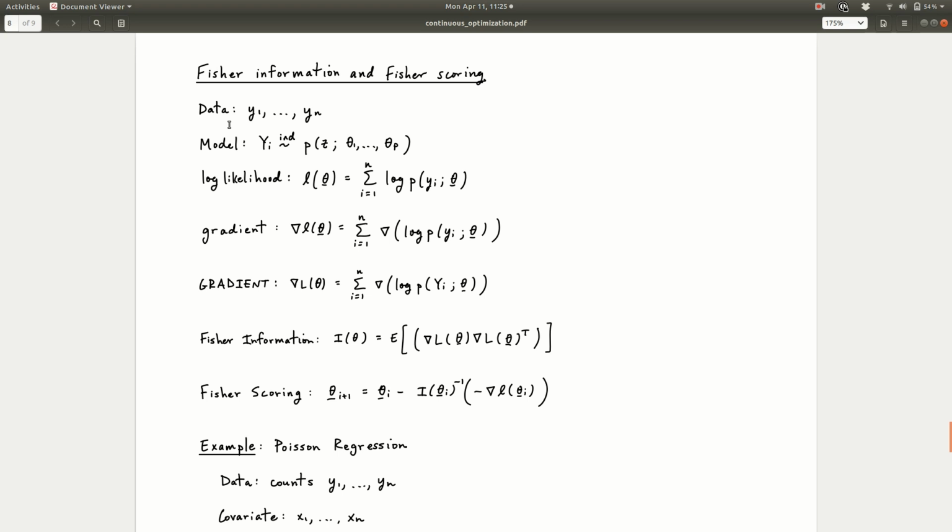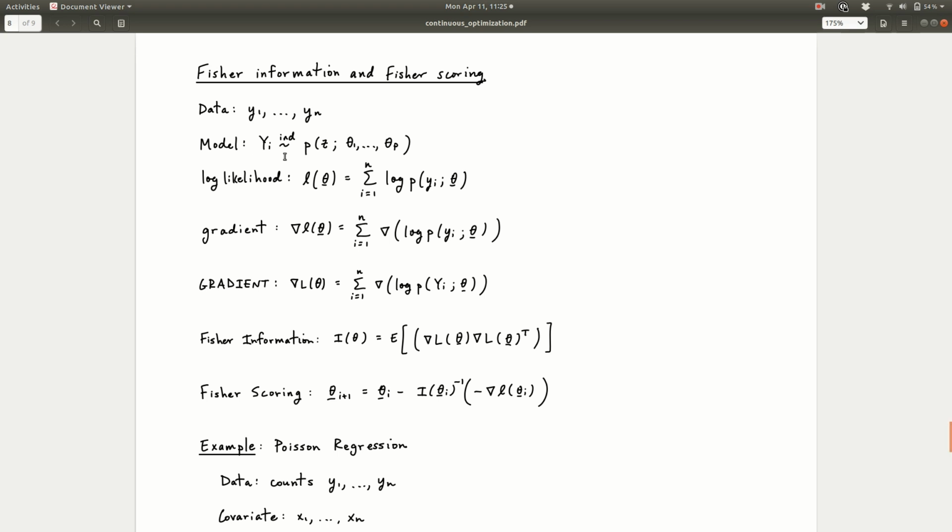We have a data set, y1 to yn. These are responses. And then we have a model for yi, and I'm representing that with the random variable capital Yi. For this presentation, we're assuming that the observations are independent of one another, although that's not necessary to use Fisher scoring, but here we will.